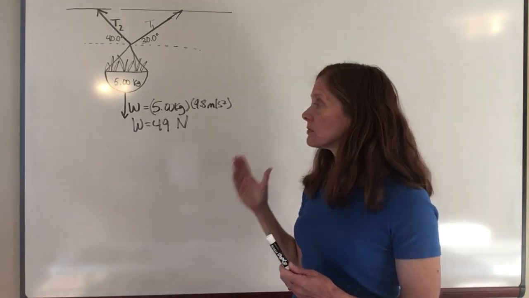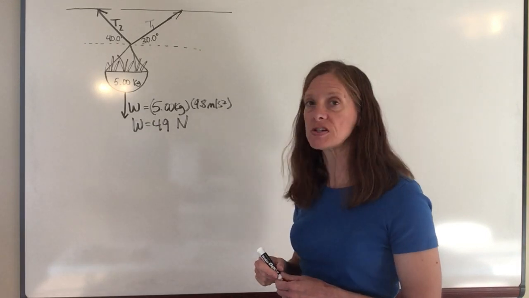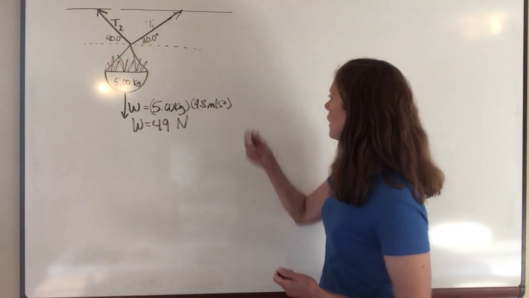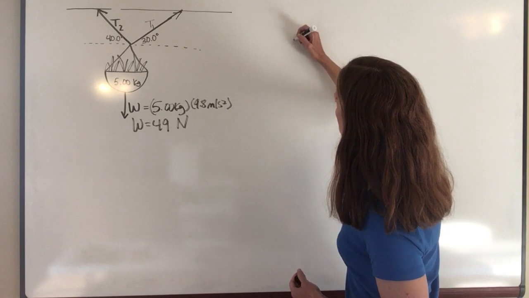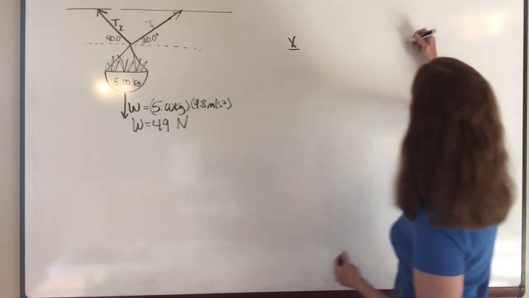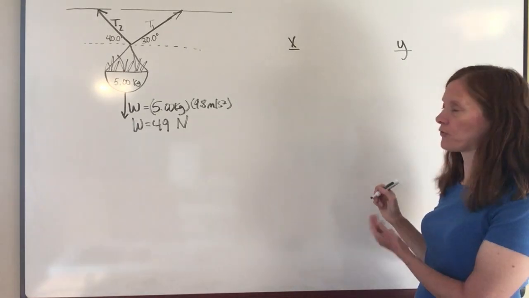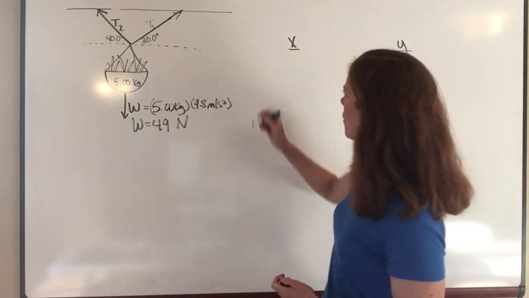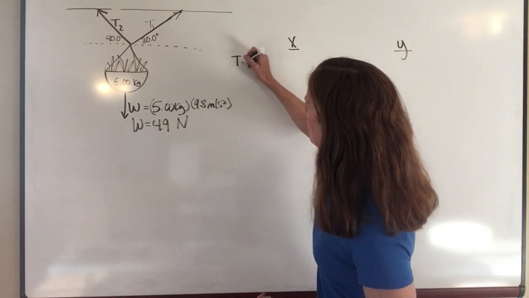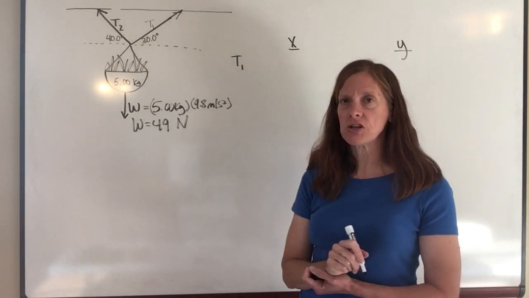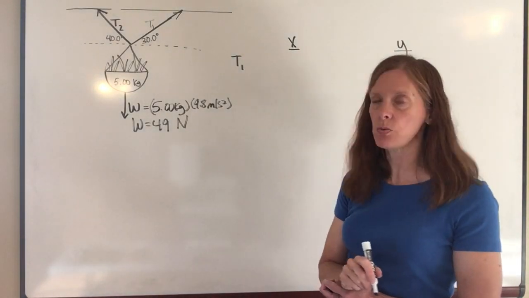Now, when I work these problems, I prefer to set them up so that I can very easily see my x component and my y component for all of them. So I'm going to start with the tension in rope number 1, or T1.